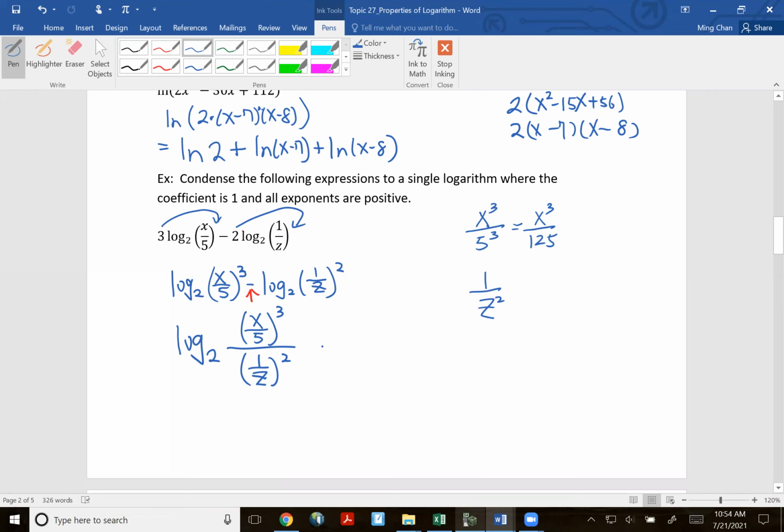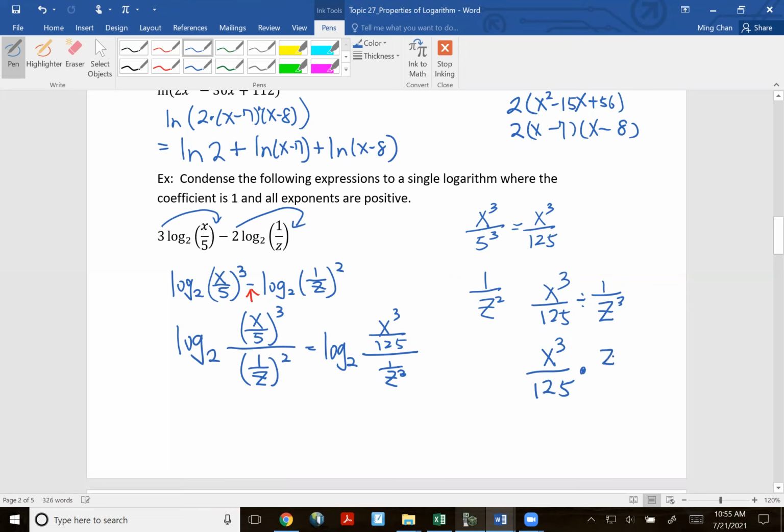So what we got ourselves here right now is log with a base 2 of this, which is a complex fraction. So now I can divide them. Division of a fraction means times the reciprocal. So hold on to your first fraction times the reciprocal.